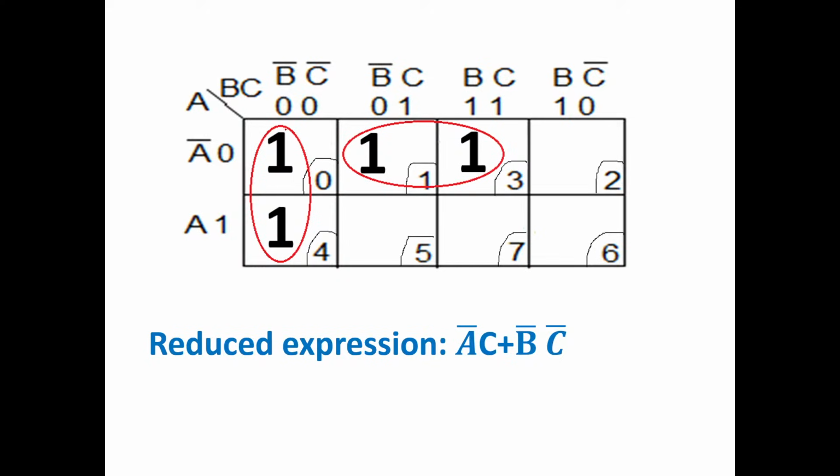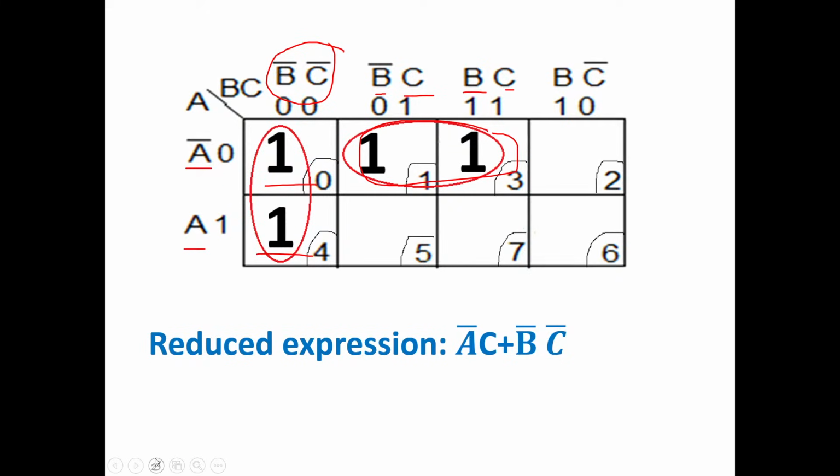So what is it? Here, let us see the common terms. Here, A bar, A, so it's not common. On the top, for these two boxes in this group, what is common? B bar, C bar is common. For this group, on the left side, A bar is common, and B bar, B is there, not common, but C and C, C is common.